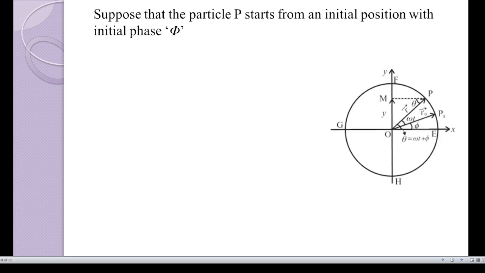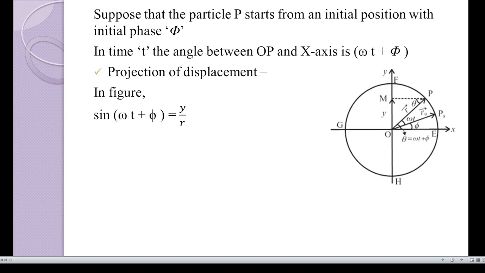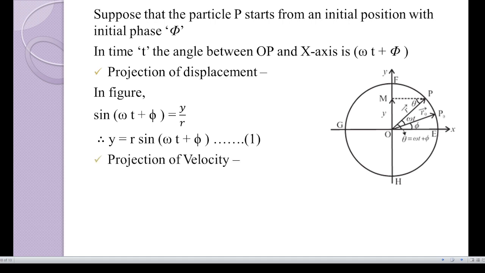Suppose that the particle P starts from the initial position with initial phase phi. In time t, the angle between OP and the x-axis is omega t plus phi. Projection of displacement: from the figure, sin of omega t plus phi is equal to y divided by r. Therefore, y is equal to r sin omega t plus phi.